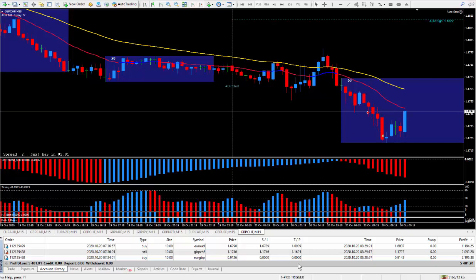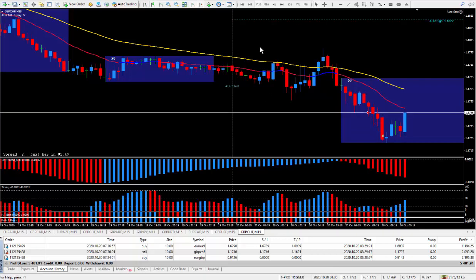So for pip total, it was 51 pips, and 51 pips paid out $5,481. I just wanted to point out the fact that all my trigger systems work, and once you figure out and learn how to trade the flow of the market, all the systems will work.